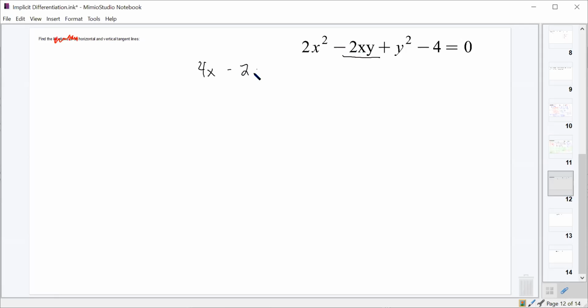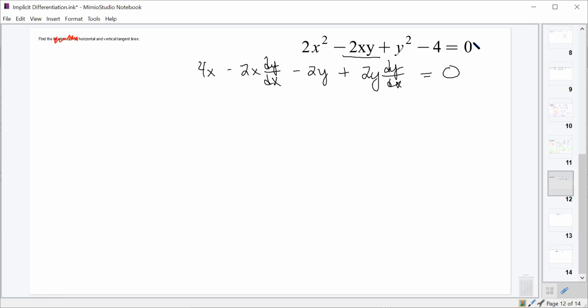So minus 2x times the derivative of y, and then plus y times the derivative of negative 2x, which is negative 2y. And then the derivative of y squared is 2y dy/dx. The derivative of negative 4 is 0, and the derivative of 0 is 0.